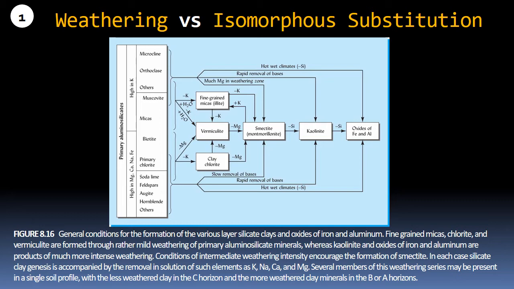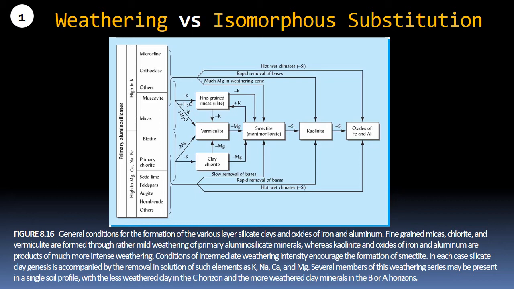And if the weathering continues, you will lose more and more potassium, and that will end up with smectite, or what we know as montmorillonite. Again, weathering would continue and time would continue, and the soil would lose more and more things from it, like silicon.